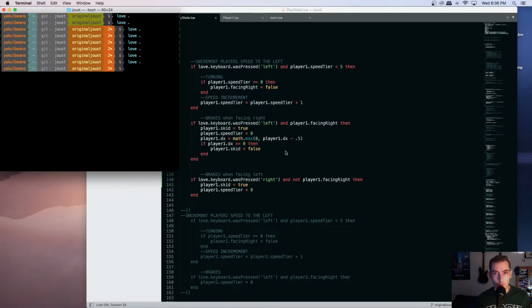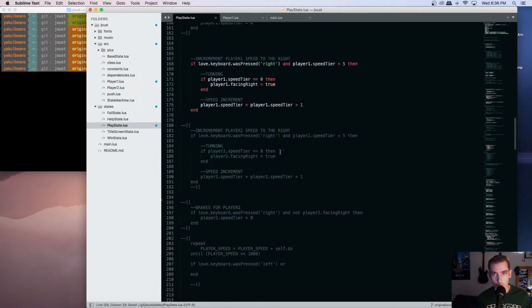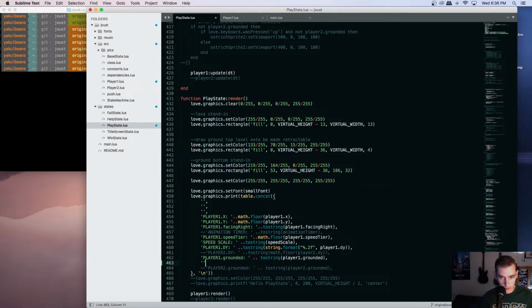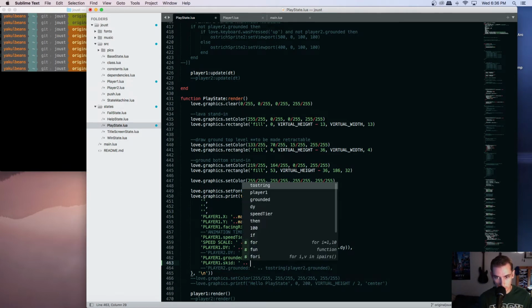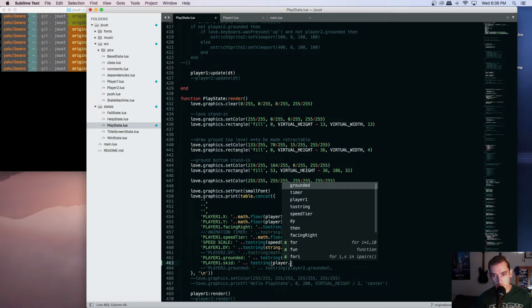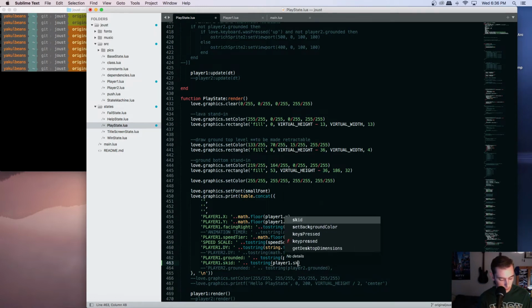One thing that'll help me troubleshoot this is my debugging notes, where I can say .skid, and in Lua this dot is to concatenate two different strings. So we would need to convert the player1 dot skid boolean to a string before we can concatenate it.